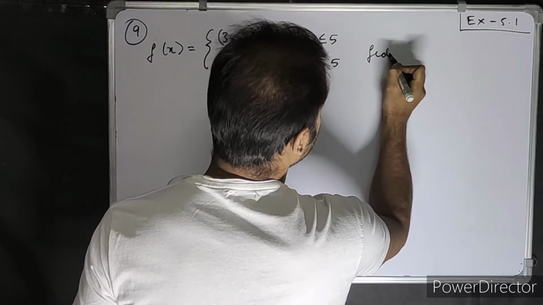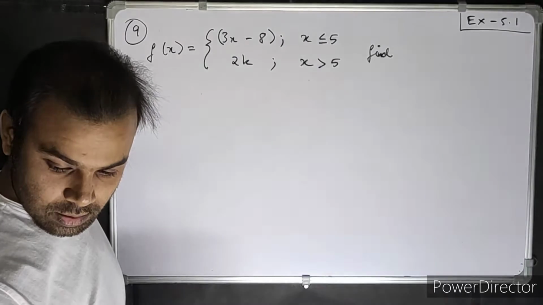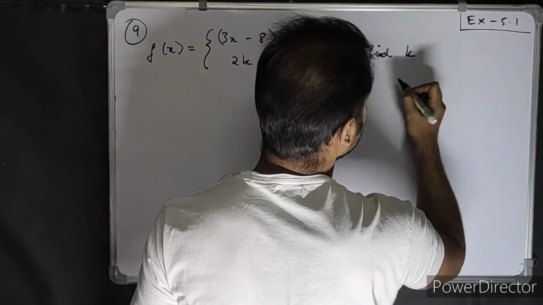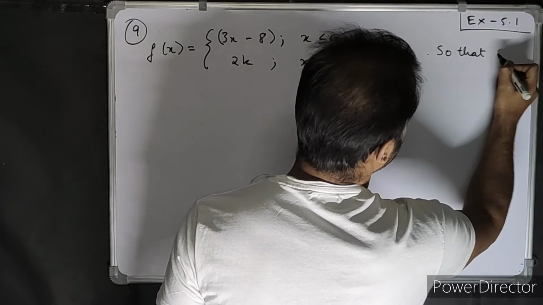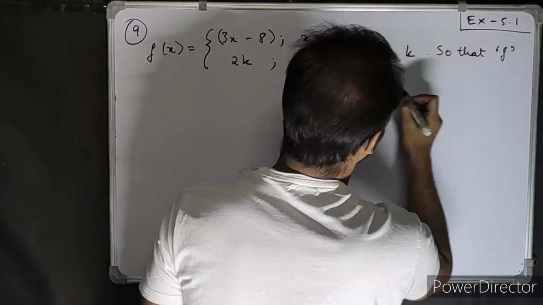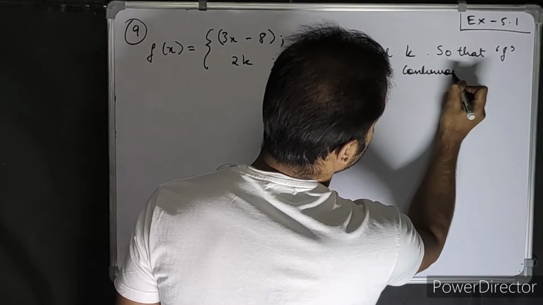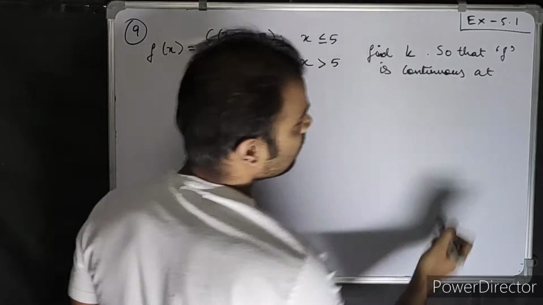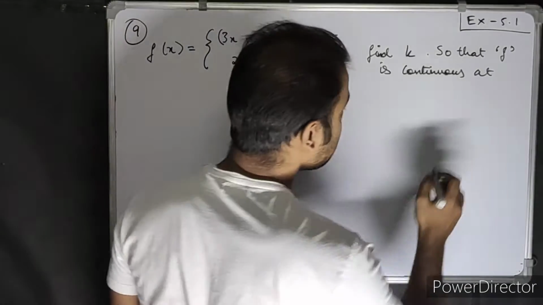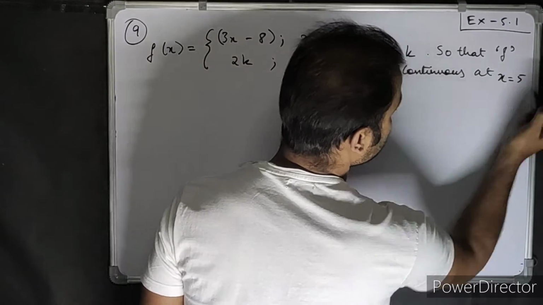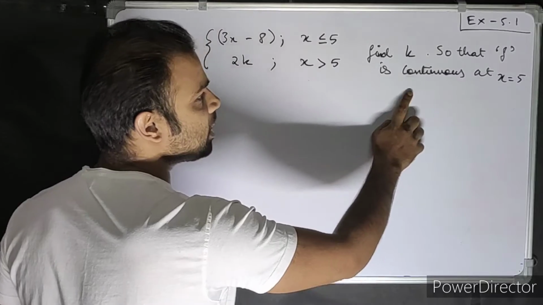It says find k so that f is continuous at x equal to 5.